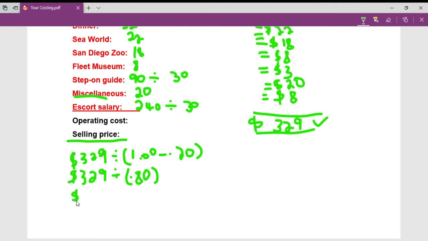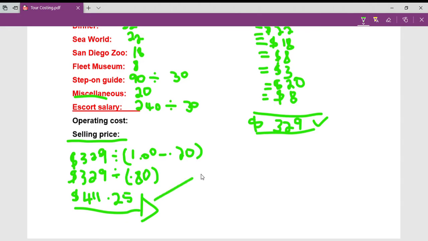So our selling price is going to be 4. Let me see if my calculator is right. Divide by point. So yeah, that is correct. 411.25.